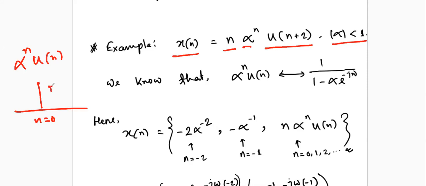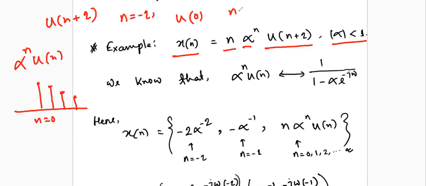Based on the value of alpha, it will decrease or increase, but it will start at n equals 0. But since it is multiplied with n plus 2, where will it start? So at n equals -2, we have u[0].